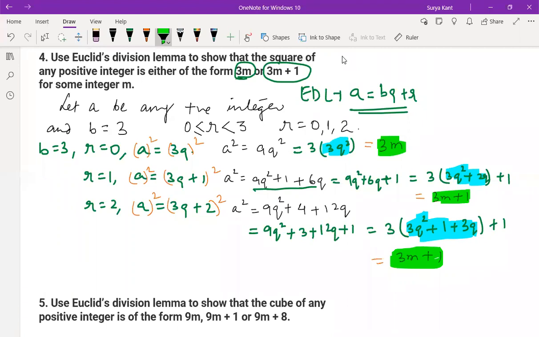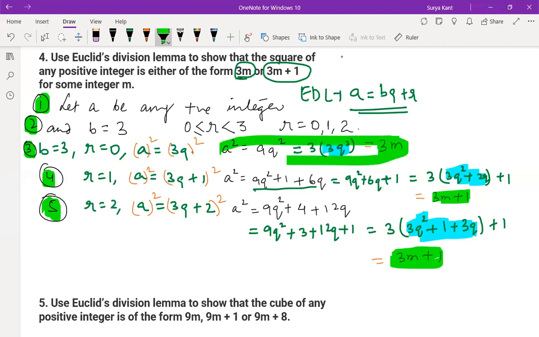Just go step by step. I'm writing the steps over here. If you're having doubt, you just ask: first step, second step, third step, fourth step, or fifth step. Which step are you having doubt in? Third step.